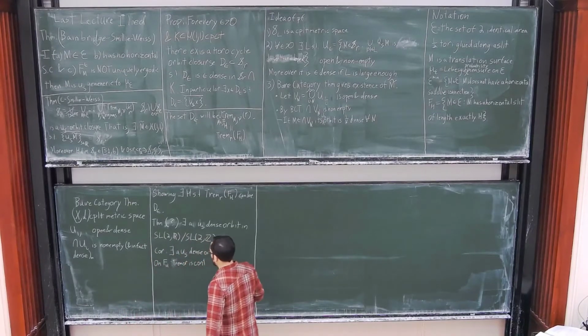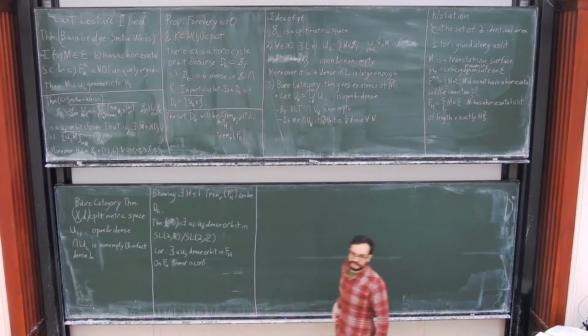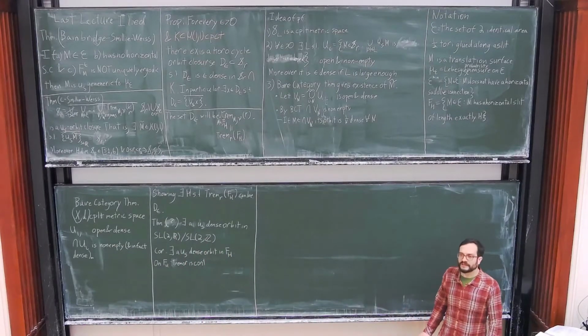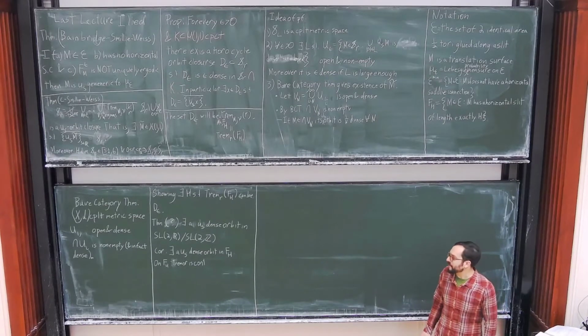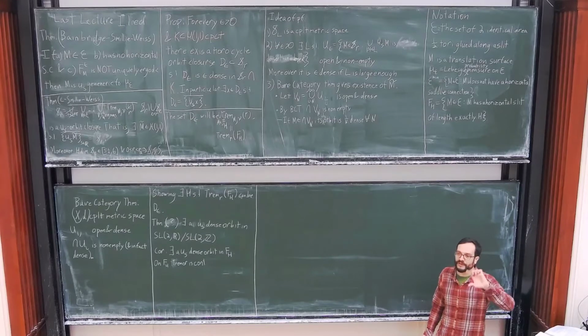So the tremor is an action on F sub H? Yeah. Or is it a 2-to-1 bundle above F? Yeah, so hiding in the background is the fact that it's not a 2-to-1 bundle. It's a well-defined action. It doesn't matter which measure you choose.